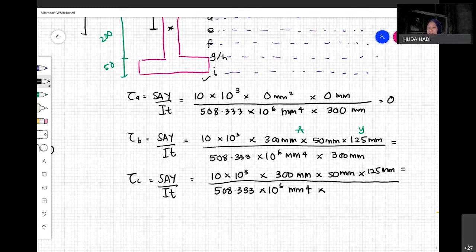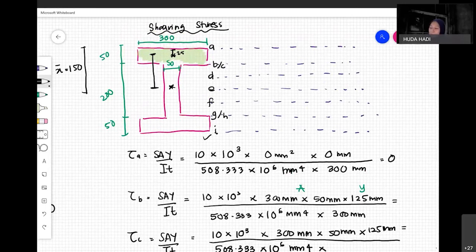Okay, thickness dia lain. Sebab B ni untuk thickness 300 sebab you ada yang ni 300 kat sini. Ini 300, ni point B. Point C dia duduk dekat point yang sama tapi kat sini kan ada perubahan thickness. So it becomes 50 mm.